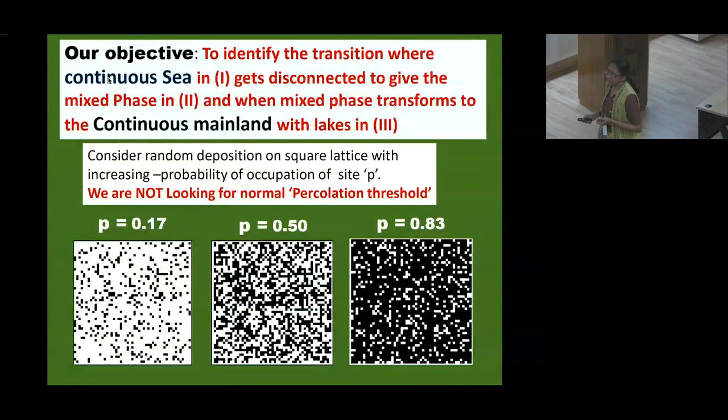Now, this is quite different from the normal percolation, where we look for just when the connected path appears, which connects, say, the upper and lower boundaries. That will come somewhere between these two.